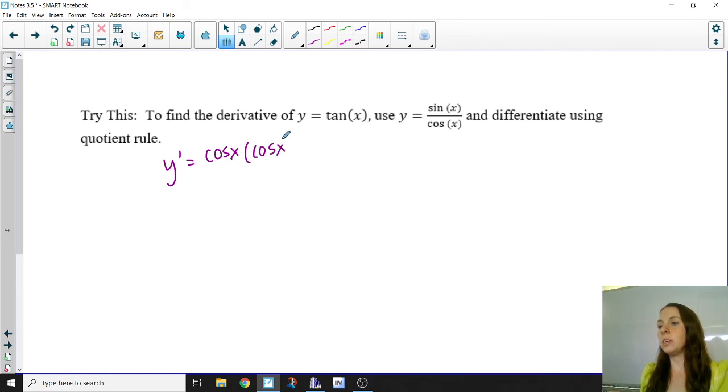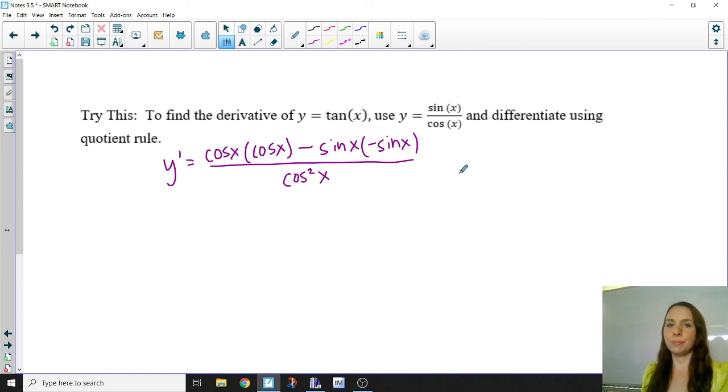What am I doing here? I'm doing low d high minus high d low, which is negative sine, all over a low, we can write that as cosine squared x.